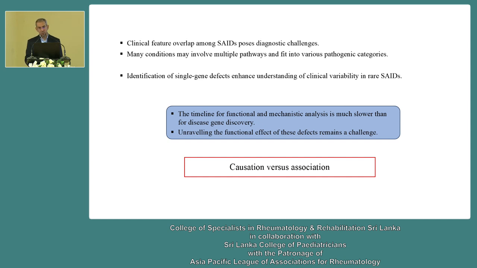If it's well described before, it's easy to say this is the diagnosis. If it's a novel gene mutation, it means you need to do further assessment in terms of functional assays to prove it is pathogenic and related to the phenotypes.